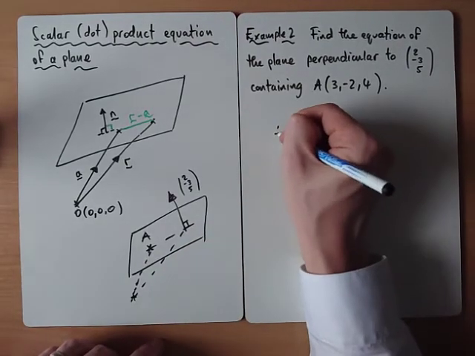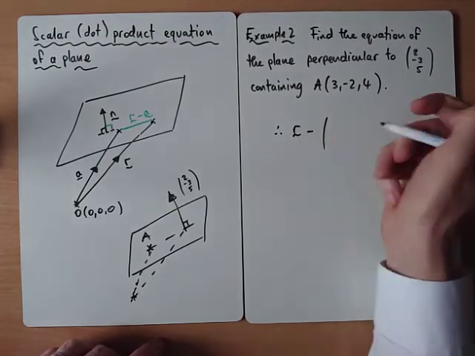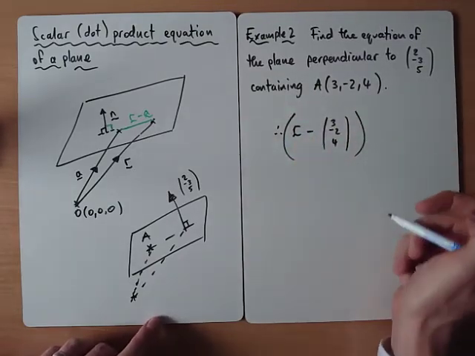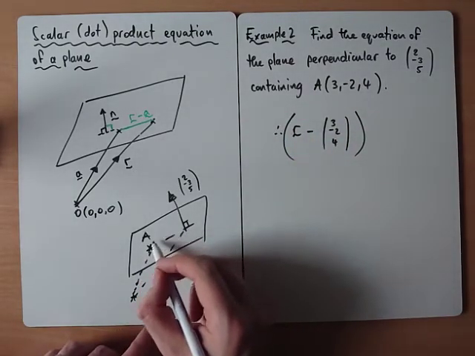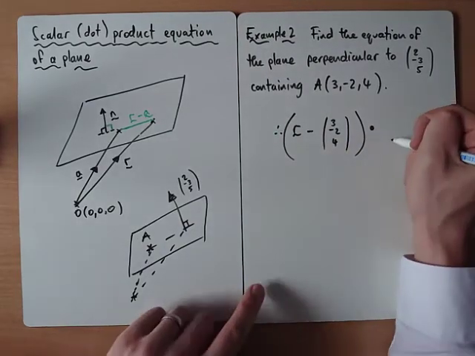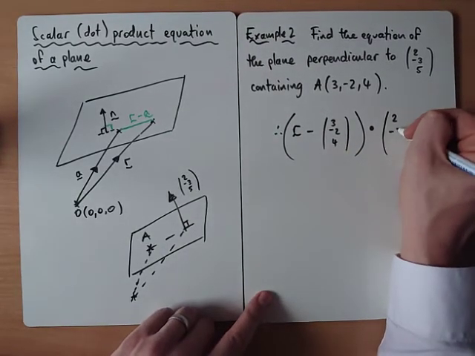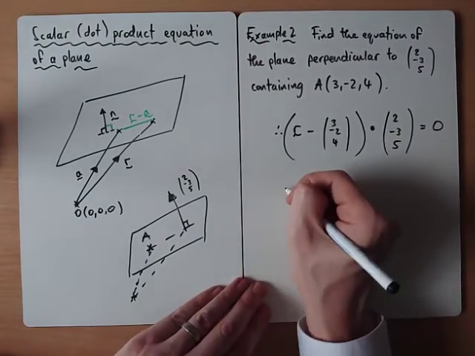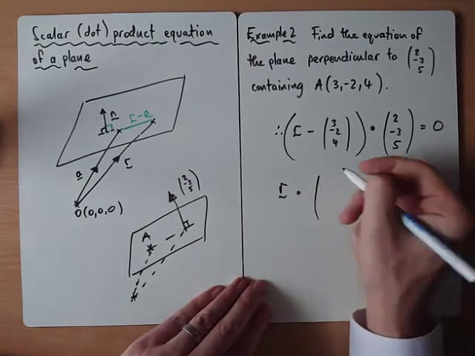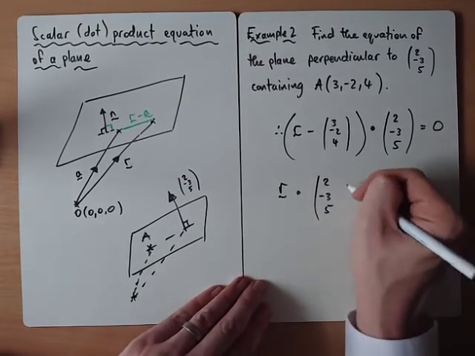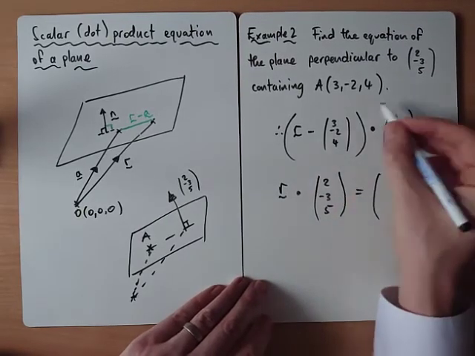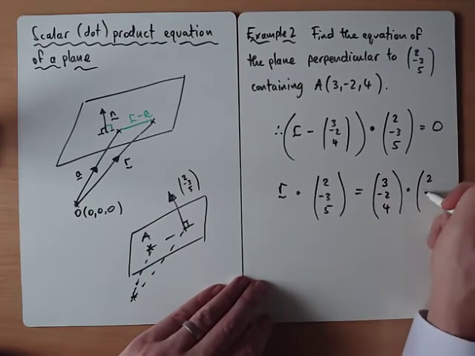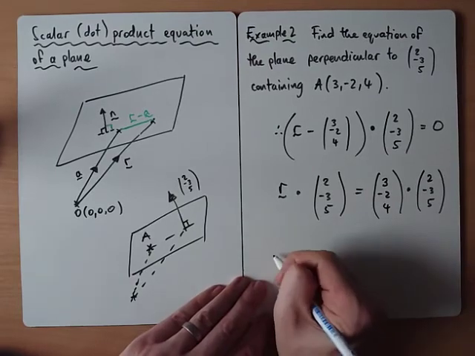So I can say R minus A, where A is (3, -2, 4), gives me this vector here. And if I dot product that with the normal vector (2, -3, 5), the answer would be 0. In other words, R dot (2, -3, 5) would equal (3, -2, 4) dot product with (2, -3, 5).